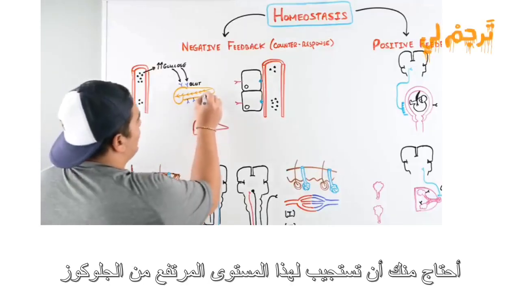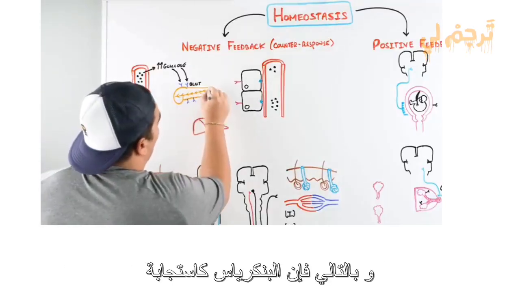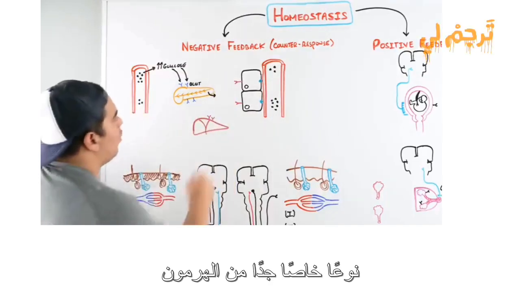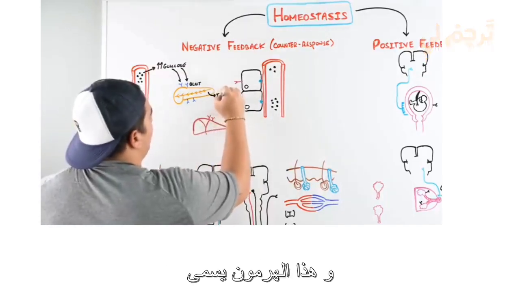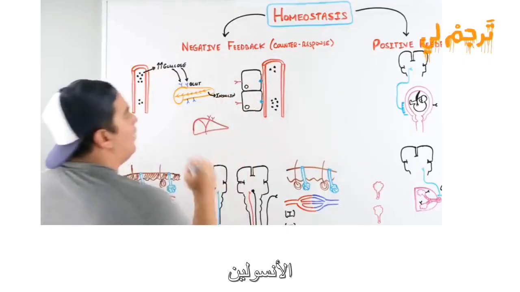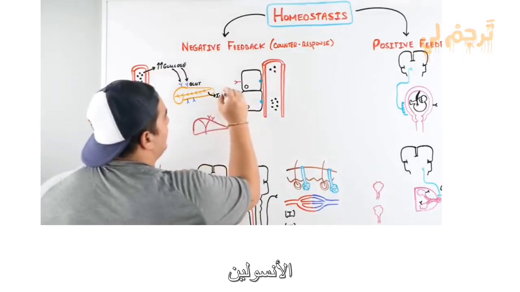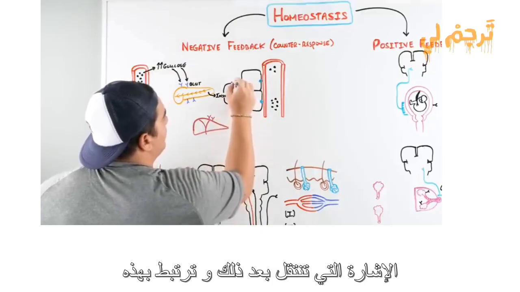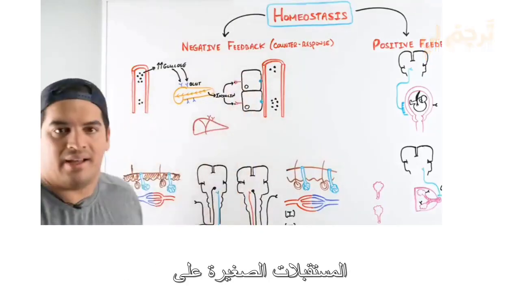And so the pancreas, as a response to this high glucose level, will make a very special type of hormone. This hormone is called insulin. Insulin is the signal that then goes and binds onto little receptors on different cells in the body.